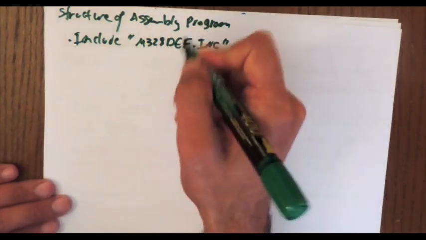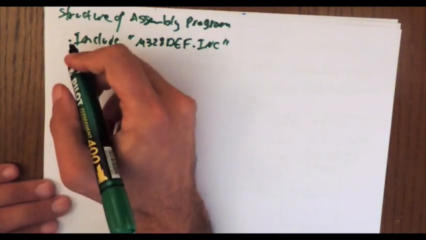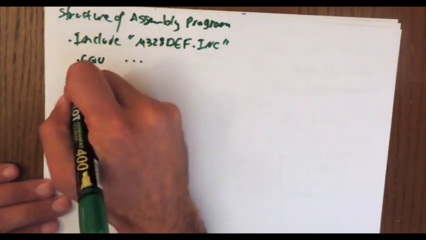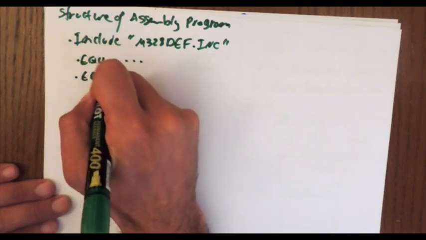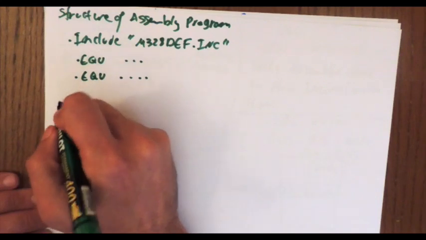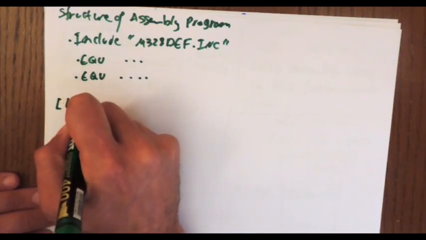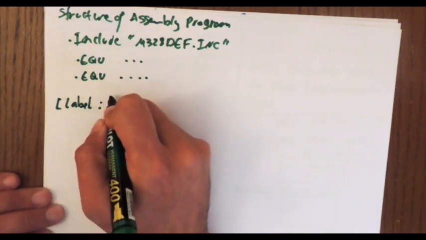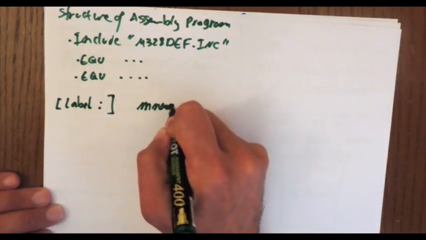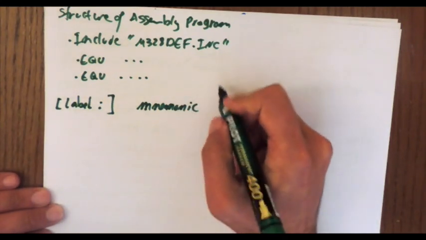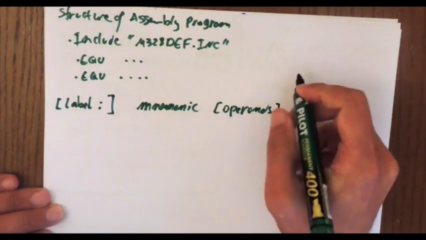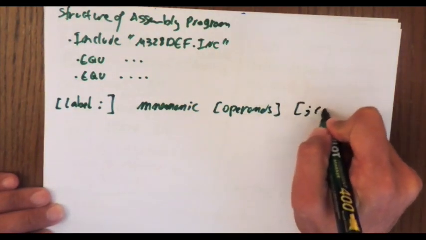This is our library file, it contains all the definitions. Then we can have some .equ here for our variables if we want. And then the way we write the code is that we have a label, the mnemonic, operands, and then the comment.